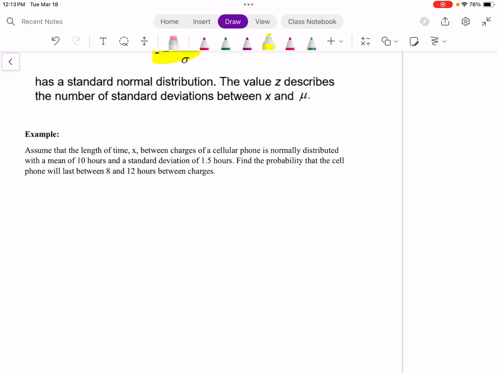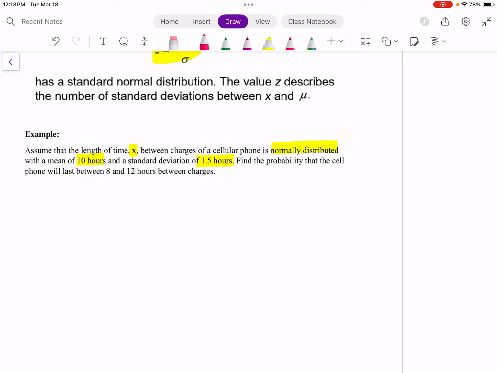Assume that the length of time x between charges of a cellular phone is normally distributed. So we have x, which is the length of time, and this length of time is normally distributed with a mean of 10 hours and a standard deviation of 1.5 hours.